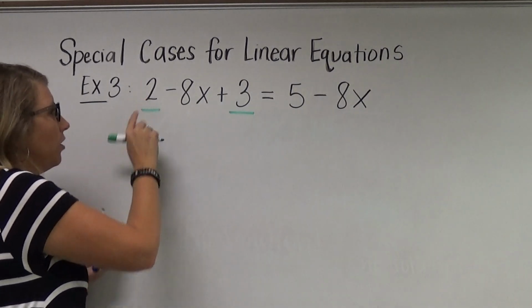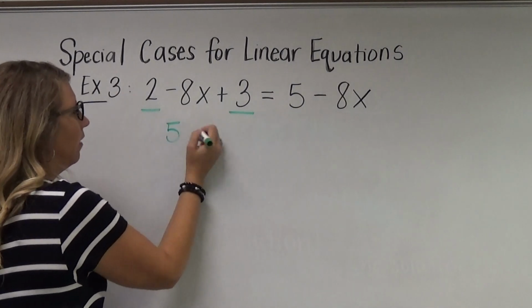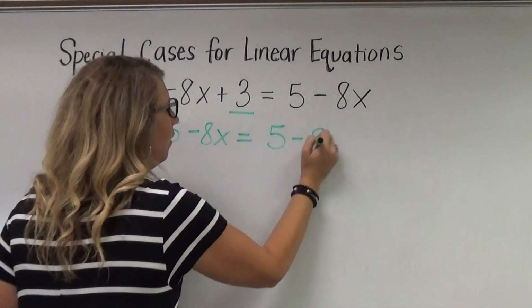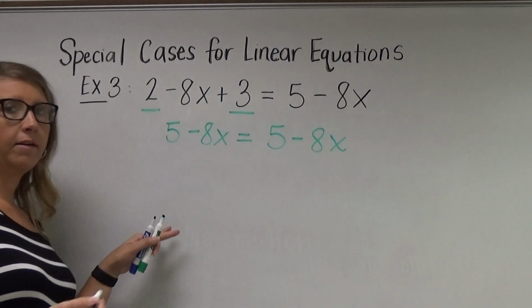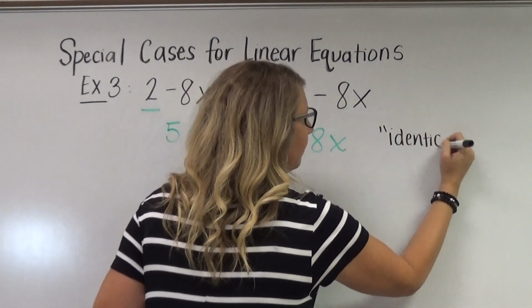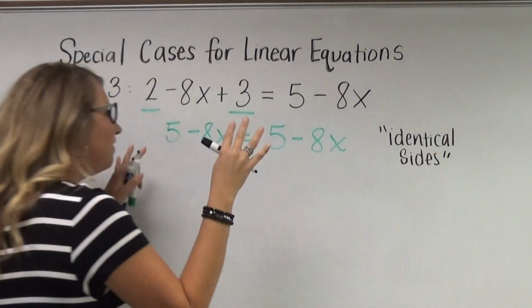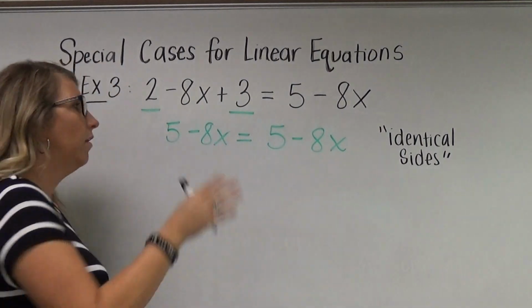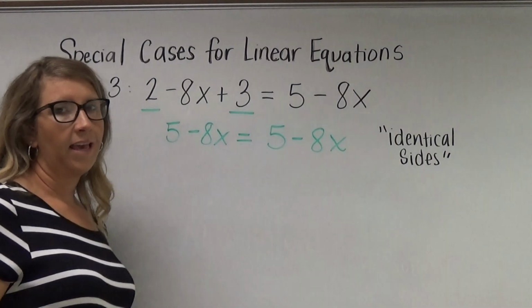So this is just 2 plus 3, which would give 5. Bring down my minus 8x equals 5 minus 8x on the right. Now what you might see here is something I like to call identical sides. If you ever get identical sides, meaning same numbers, same signs, same x terms on the left and the right, then you know it's going to lead to this last case.